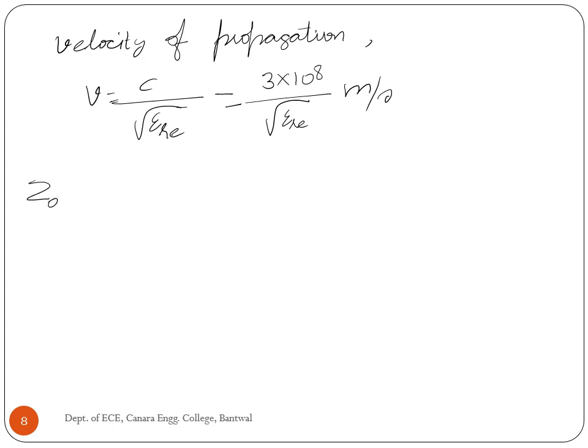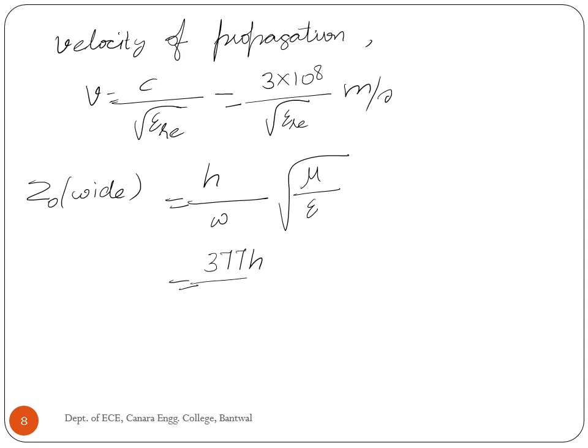Therefore, characteristic impedance for a wide microstrip line is expressed by height from the microstrip line to the ground divided by width of the microstrip line into root of permeability divided by permittivity, which is equal to 377 into h divided by root of relative dielectric constant of the board material into width of the microstrip line, when width is greater than h.